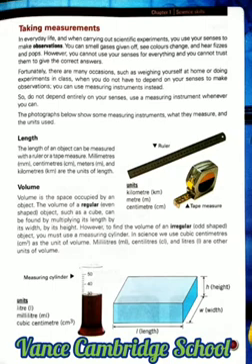Volume. Volume is the space occupied by an object. The volume of a regular, even-shaped object such as a cube can be found by multiplying its length by its width by its height. However, to find the volume of an irregular, odd-shaped object, you must use a measuring cylinder.